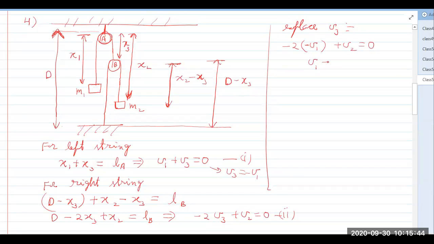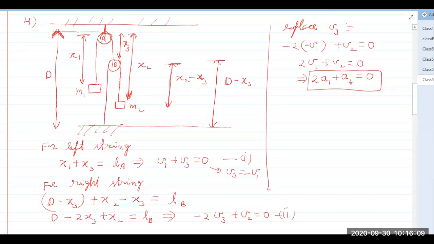So 2V1 plus V2 equal to 0. If you differentiate it again, it will become acceleration. So we are going to get it like this. The acceleration of the first one, this one, and the acceleration of the second one are related with this expression.